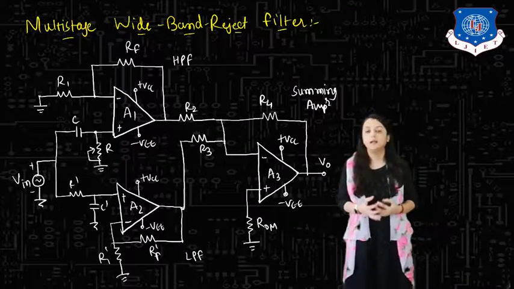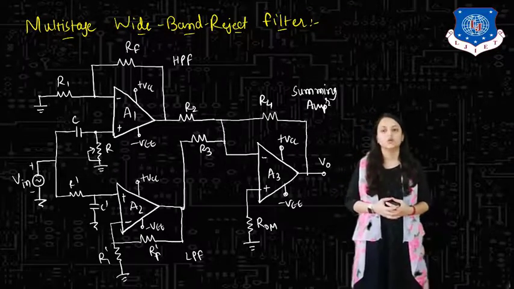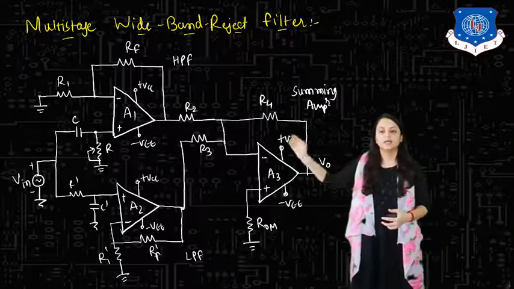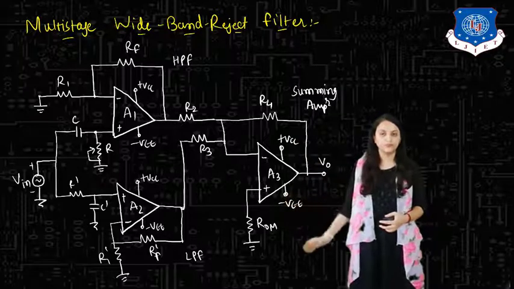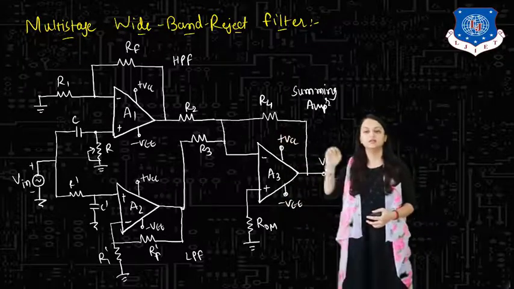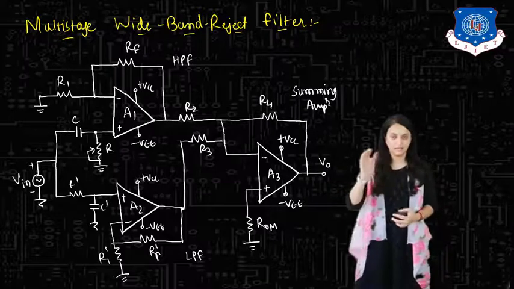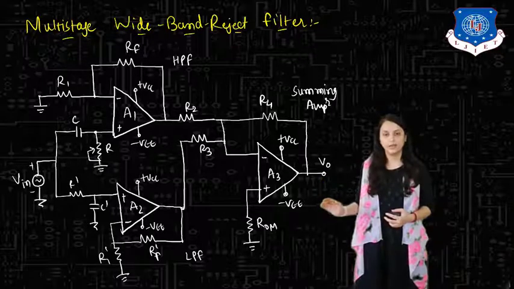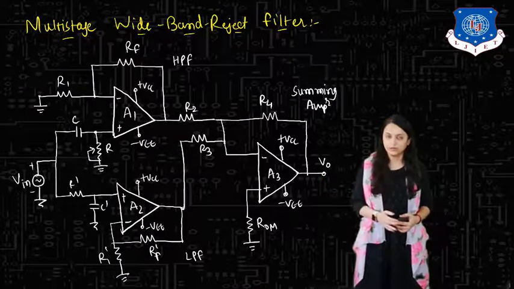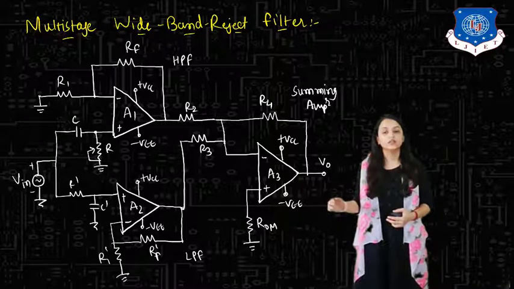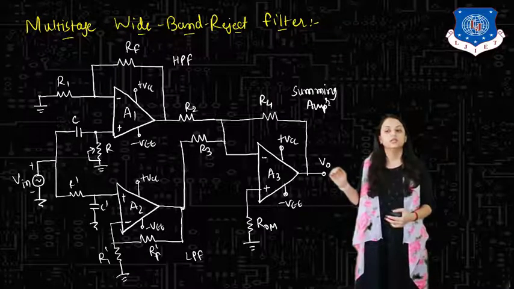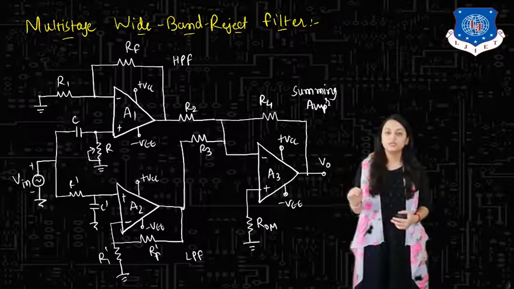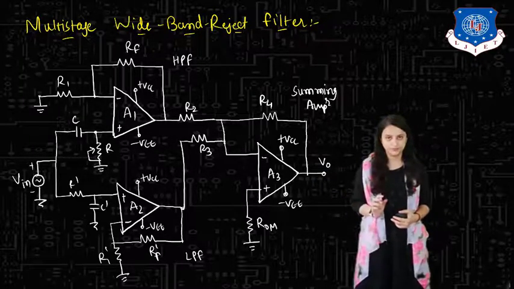Let us see the first one, the multi-stage wide band reject filter. As you can see, there are three op-amps used in the circuit. Let us look at the first side. First, there are two op-amps A1 and A2. In A1 and A2, the supply is given to the non-inverting terminal. For the first op-amp A1, the capacitor is directly connected to the source, which means we are using the high pass configuration.